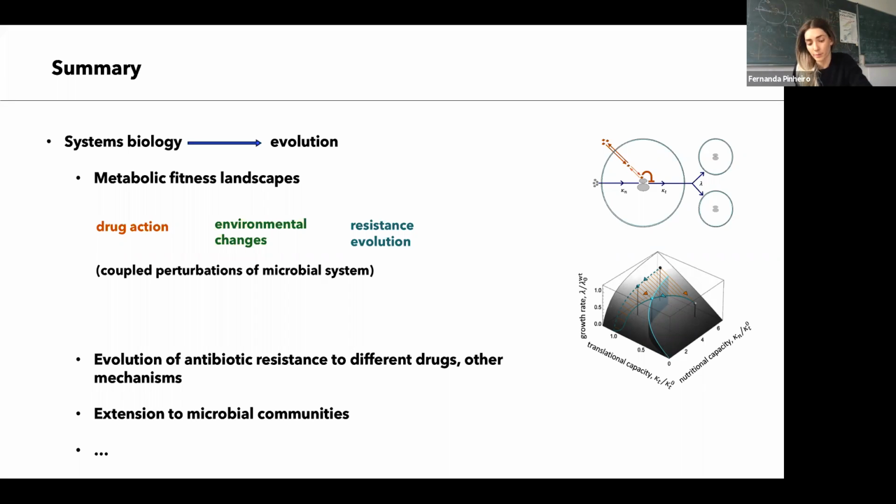And the whole power of this approach is that, as we show here, to the eyes of a metabolic fitness model, drug action, environmental changes, and resistance evolution are all coupled perturbations of the microbial system. And because they are all coupled, there are certain constraints that must be respected in order for this bug to be alive and to survive. And therefore you can leverage that for building your predictions and expectations.